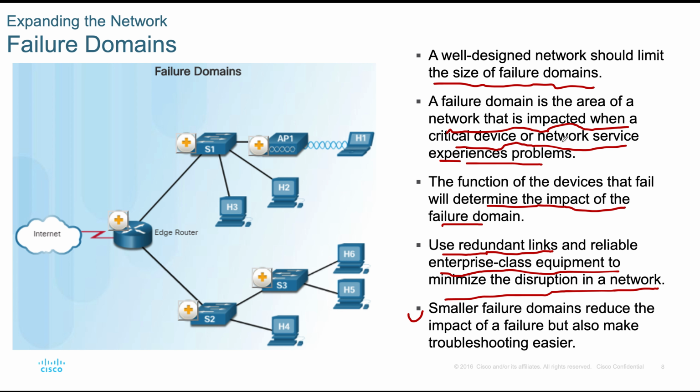So the failure domain is where the impact is highly felt. Okay, the functions of the device that fails will determine the impact on the failure domain. So it depends which device failed.